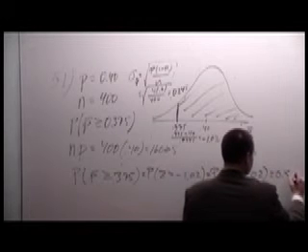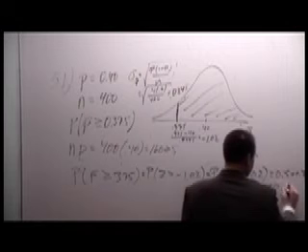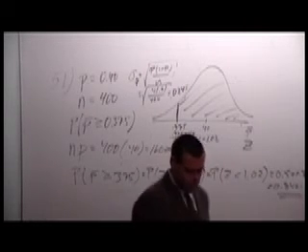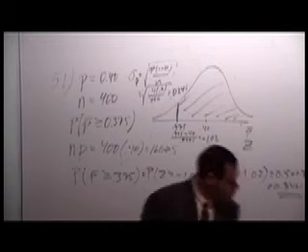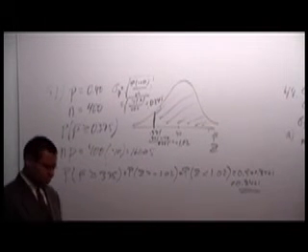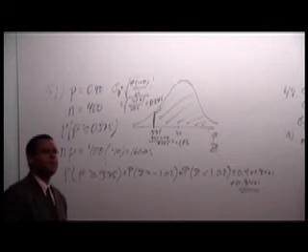Regardless, it's 0.5 plus 0.3461, or 0.8461 in all. So roughly an 85% probability that you'll get a response rate of 37.5% or more.